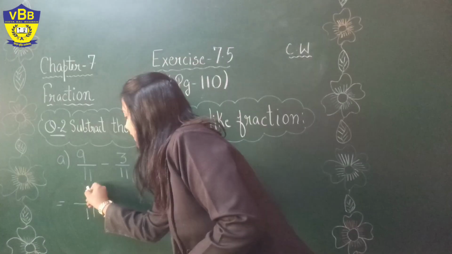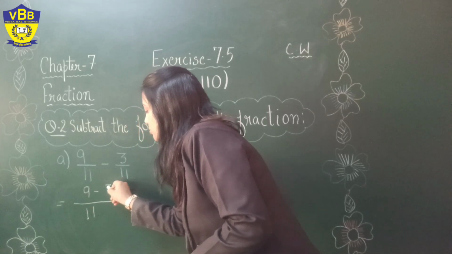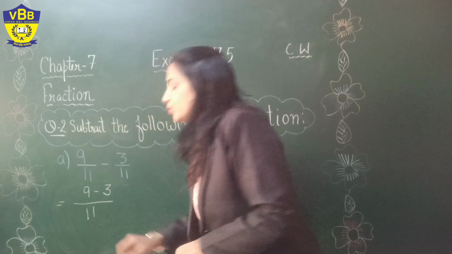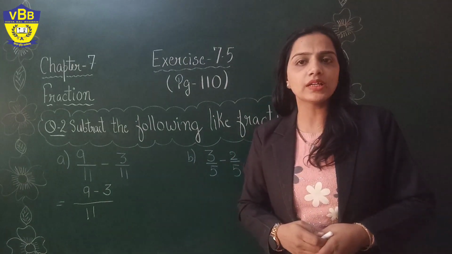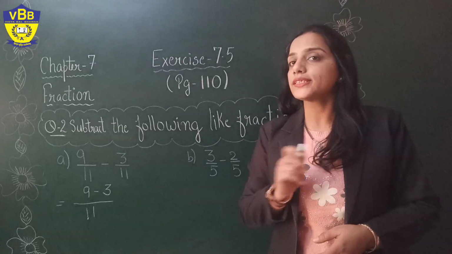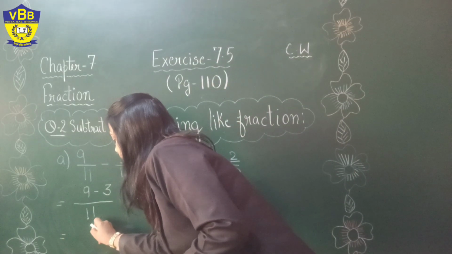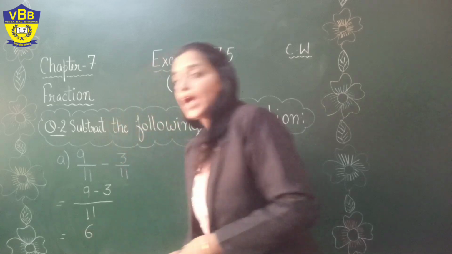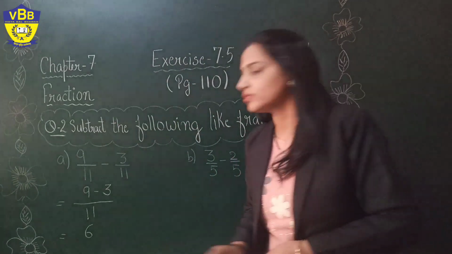So first we will write 9 minus 3. When we subtract 3 from 9, what will be the answer? That is 6. So we will write 6 here. And the denominator value will be the same, that is 11.